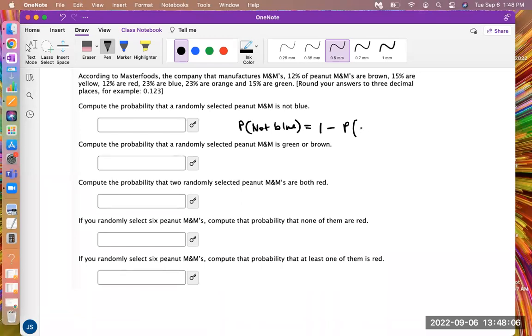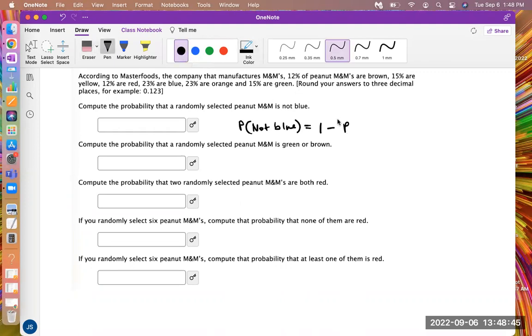If you add up all the other possibilities it could be and you subtract from 1, then you can get the probability that it's not blue. Hold on a second here. Sorry about that. I was thinking about that wrong.